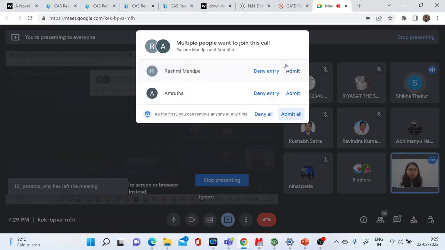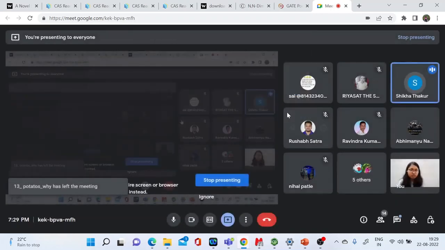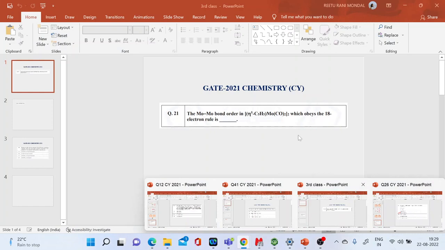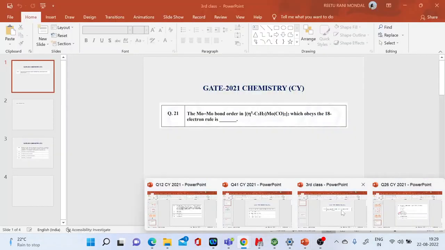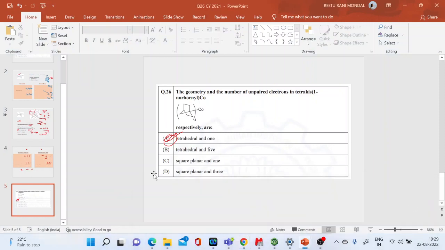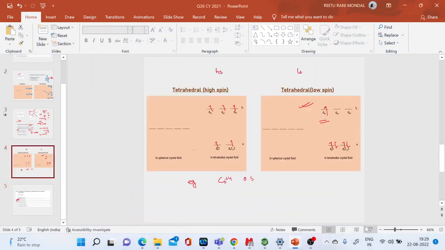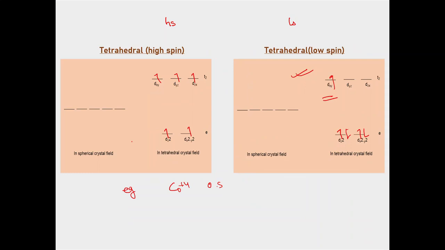Please repeat why low spin complex. Oh, yeah, just wait. Okay. See, metals in their higher oxidation states prefer low spin state. This high spin and low spin depends on a few factors. One among them is the oxidation state of the metal.